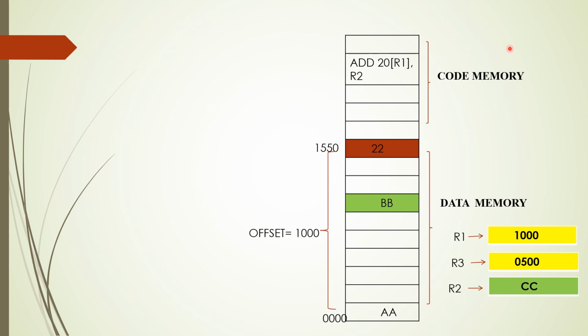A simple example here. I have considered the R1 value as 1000, the R3 value as 0500, R2 containing CC, and this is the code memory where our instruction is stored. It consumes a number of memory locations based on the size of the instruction. Consider the first memory location address as 000.